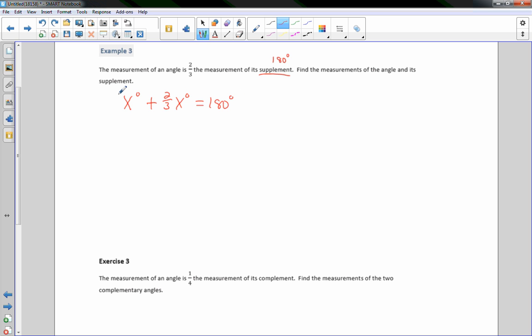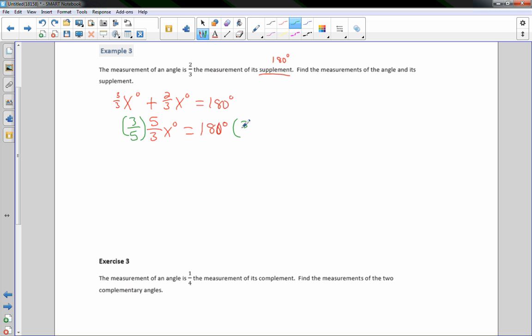Combine like terms. Well, 1 is 3/3, so if I add 3/3 to 2/3, I get 5/3 x degrees equals 180 degrees. In order to get x by itself, I will multiply by the reciprocal of 5/3, which is 3/5. Okay, let me rewrite that. 3/5.